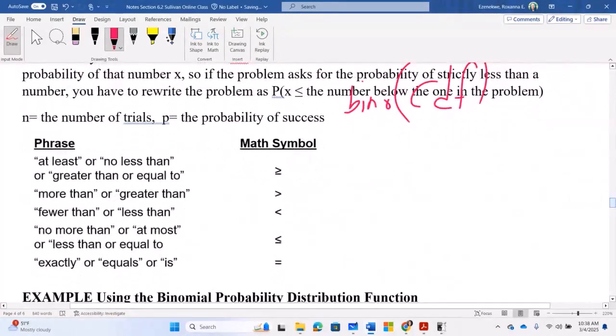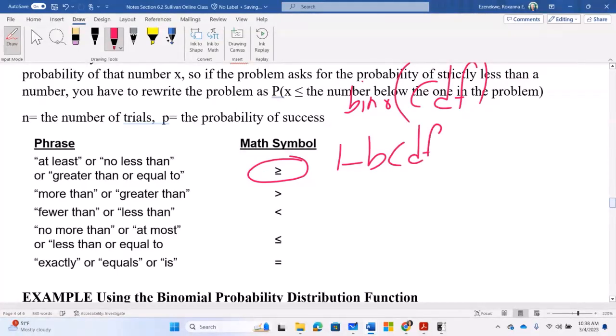So whenever in binomial distribution you have a question with greater than or equal to, it means at least, 1 minus binomial CDF. When it is only greater than, you're still going to do 1 minus binomial CDF.